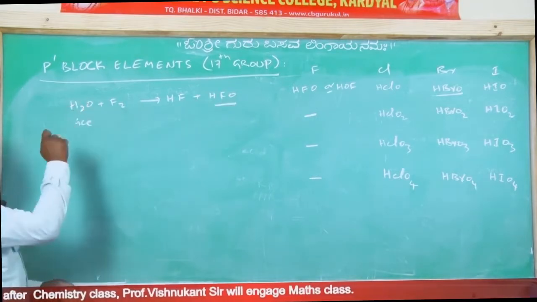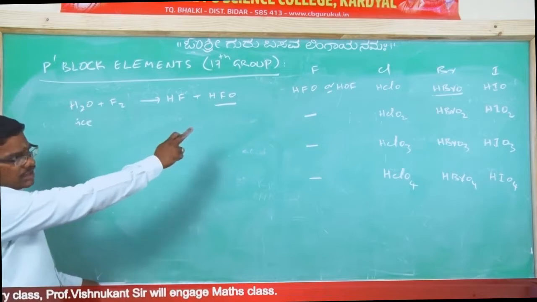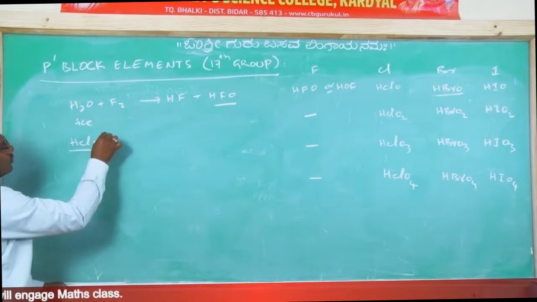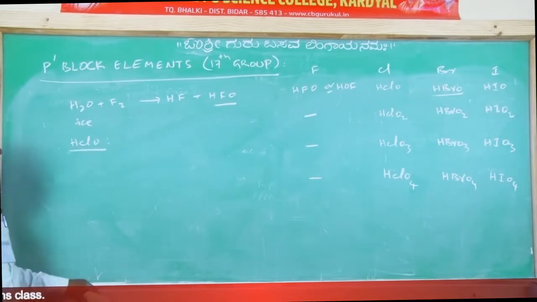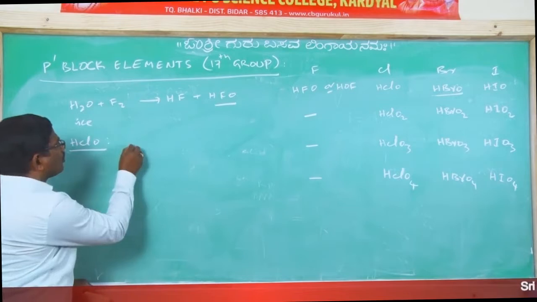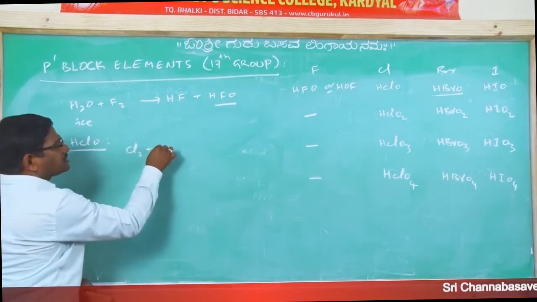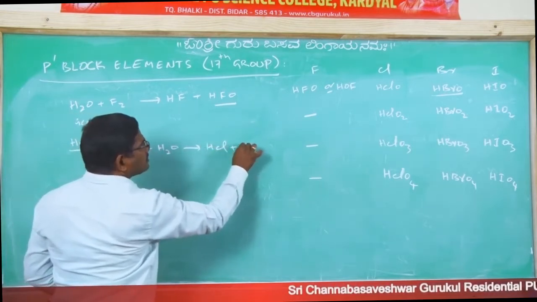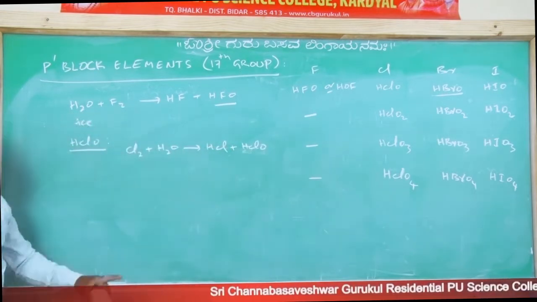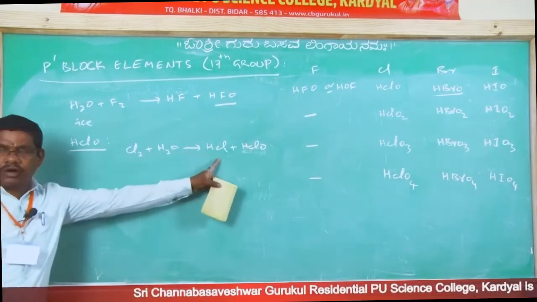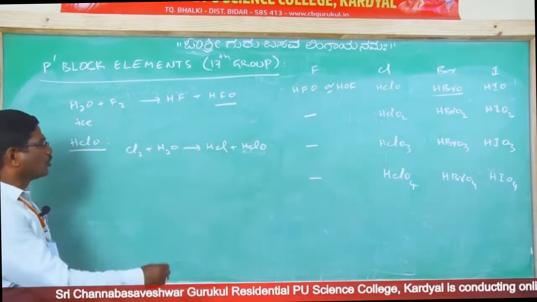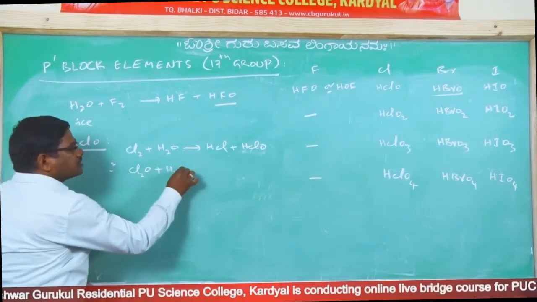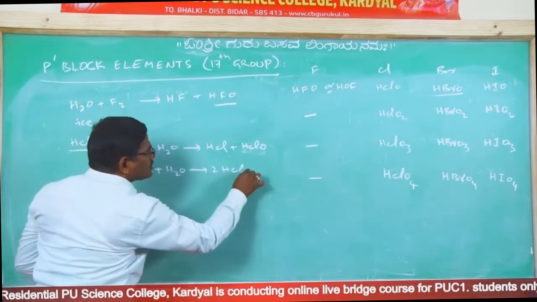Come to the chlorine oxo acids. Generally we have chlorine oxo acids in our syllabus. In that, HClO, if you consider, this HClO will be formed when chlorine reacts with H2O to give HCl with HClO. Chlorine when reacts with H2O gives hydrogen chloride along with hypochlorous acid, or else chlorine monoxide upon hydrolysis with water gives 2 moles of HClO.